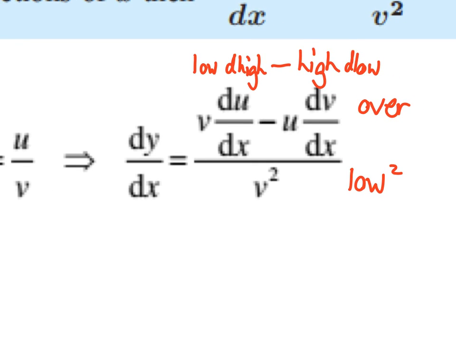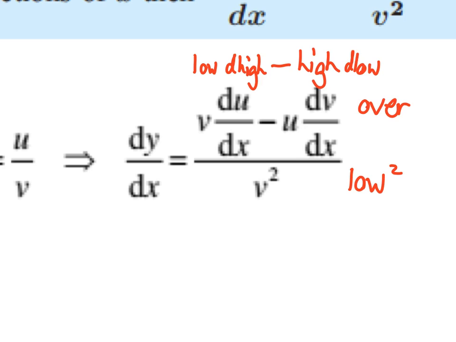They like to use the dy dx format. Okay? So dy dx is v, our denominator, times the derivative of the numerator, du dx, minus the numerator u times the derivative of the denominator over dx, all over the denominator squared.